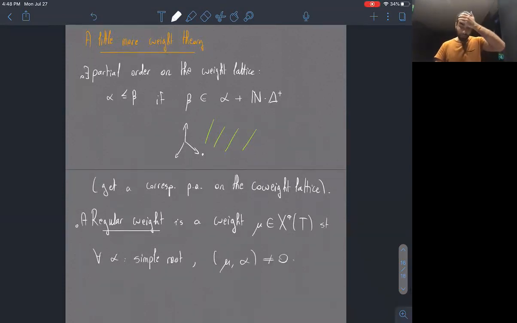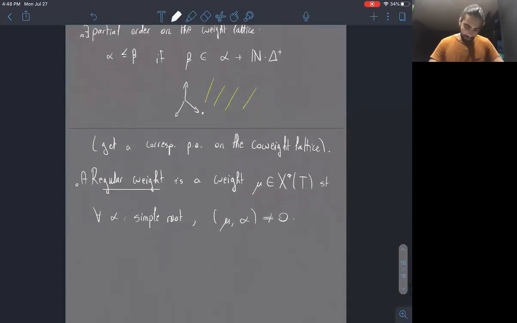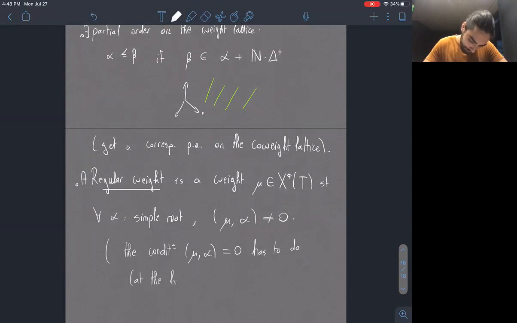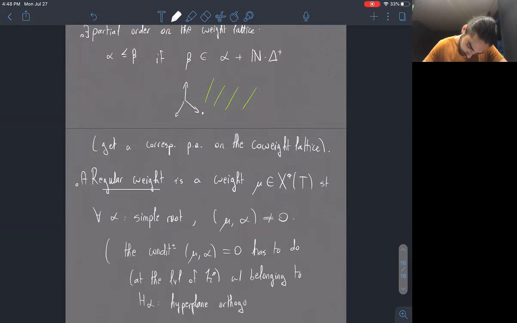So this is quite a geometric statement because the condition mu alpha being 0 has to do with, if I pass to the level of H star, belonging to the hyperplane H alpha orthogonal to alpha.